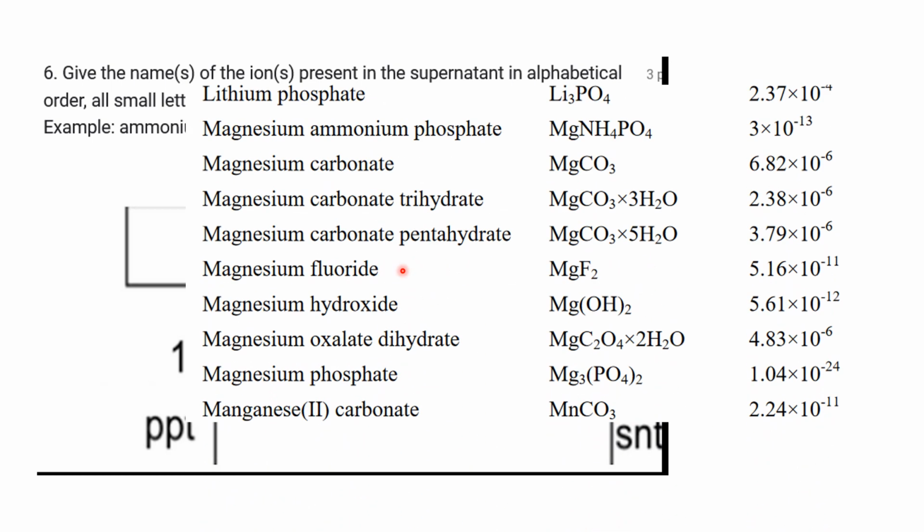Okay, so this is the portion of the KSP table where you don't find magnesium chromate. Kasi ang magnesium chromate is considered a soluble salt. Okay?